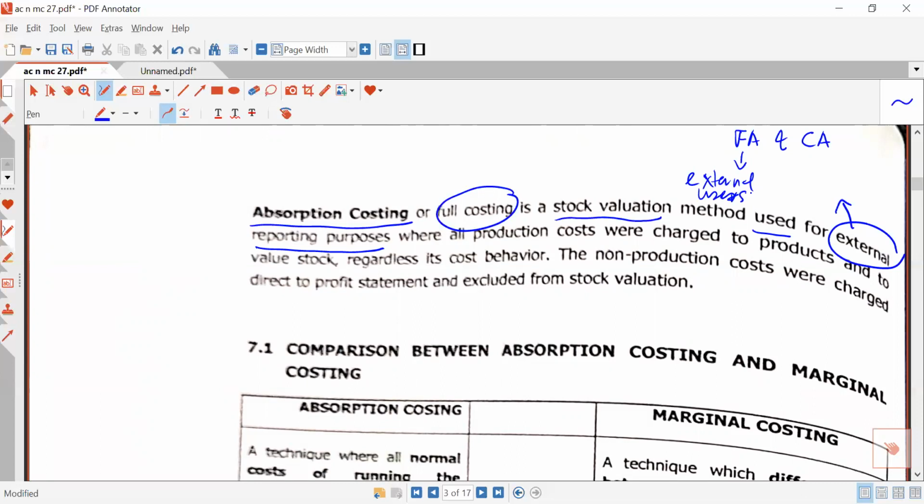So, in other words, absorption costing, which you have been preparing all this while in your financial report, is for external users.